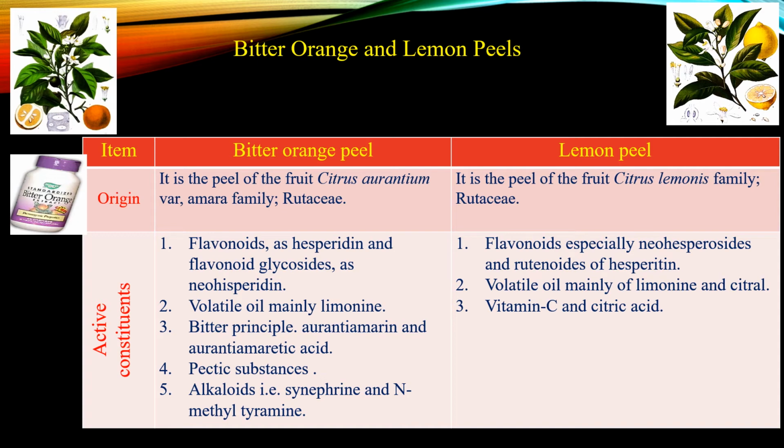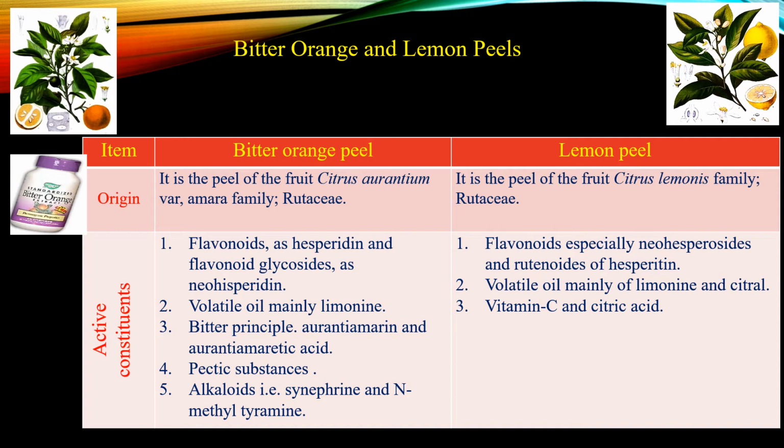Bitter orange peel contains flavonoids such as hesperidin and flavonoid glycosides such as neohesperidin, volatile oil, mainly limonene, bitter principles including aurantiamarin and aurantiamaric acid, pectin materials, and alkaloids, synephrine and N-methyltyramine.